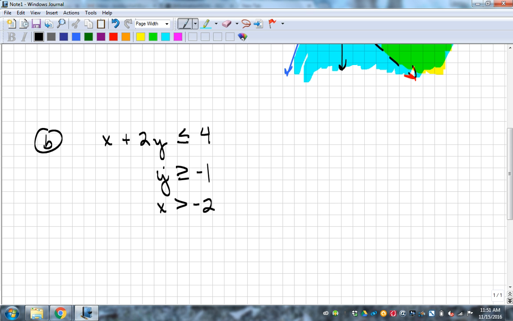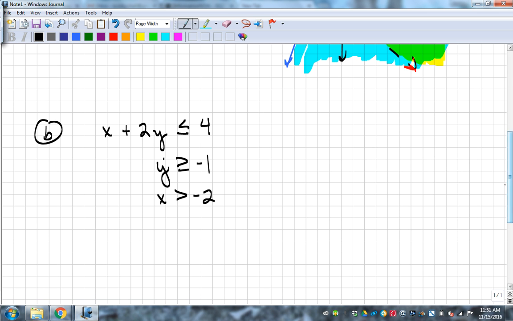All right, so we're going to graph 3 of them on the same coordinate plane. Is that first one in the right form? No, so we've got to move the x. That's going to give us 2y less than or equal to -x plus 4.